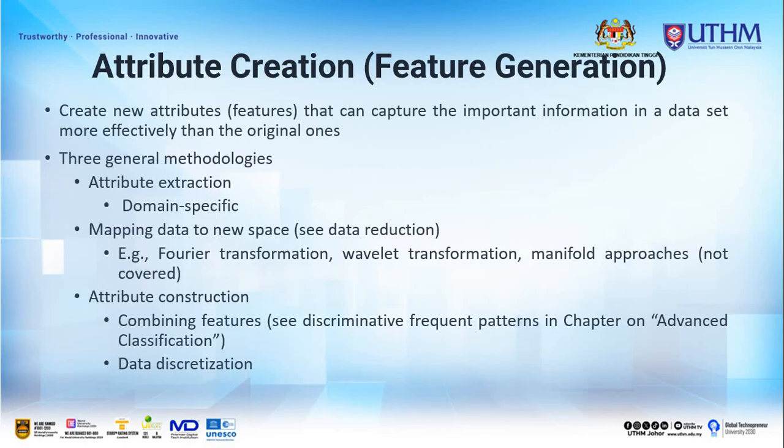And lastly, data discretization, which converts continuous features into categorical ones. It helps to simplify and can improve model performance, especially for algorithms that work better with discrete inputs. You know, the data types can be discrete, nominal, and so on.